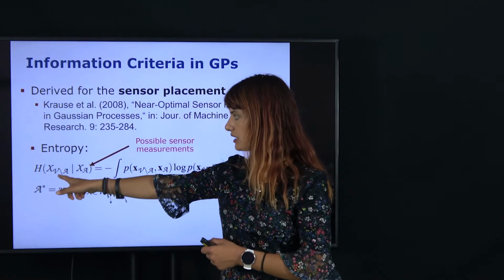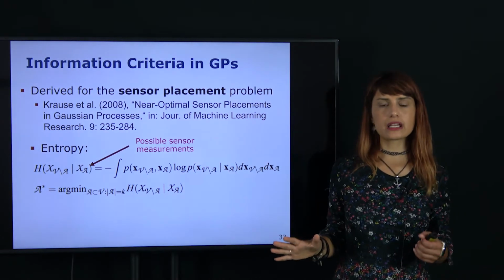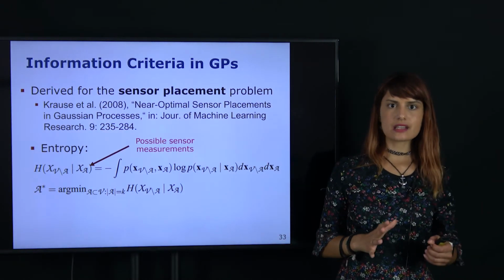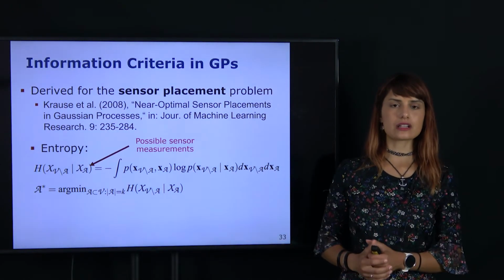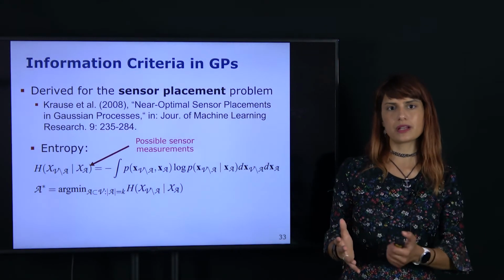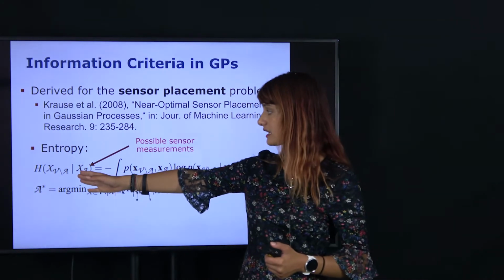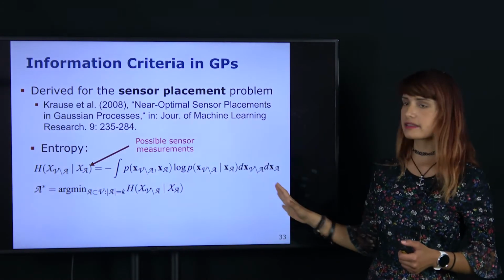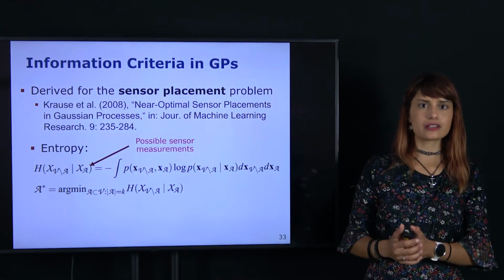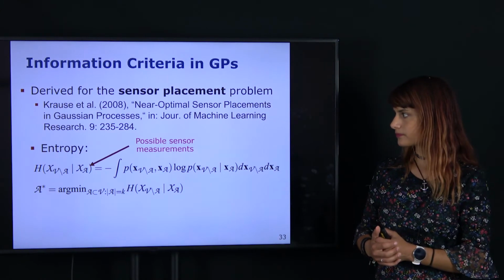Here V is the set of all possible locations, and A is the set of possible sensor locations where we have the freedom to pick where we want to put the sensors. Now, depending on what A looks like, we can calculate the entropy or the uncertainty associated with this distribution.